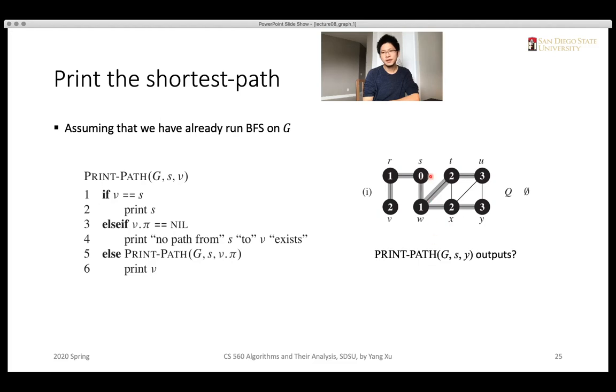The call on S and Y will result in the call at line 5, on S and the parent of Y, which is X. Okay, and the call on S and X will result in another call on S and W, and then on S and S. The call on S and S will just print S, and then W will be printed, and then X will be printed, and then Y will be printed. So that's how this recursive call will print all the vertices along the way of the shortest path from S to Y.